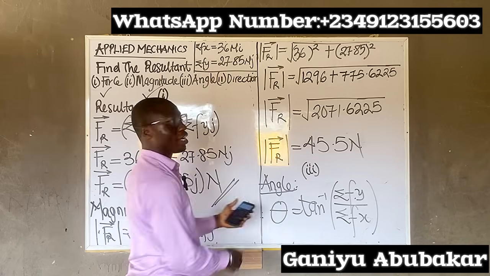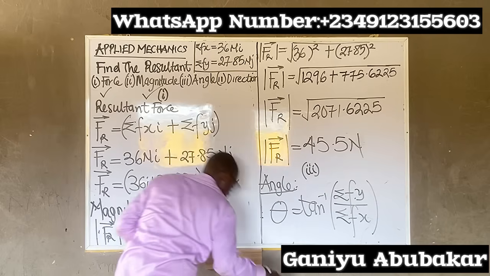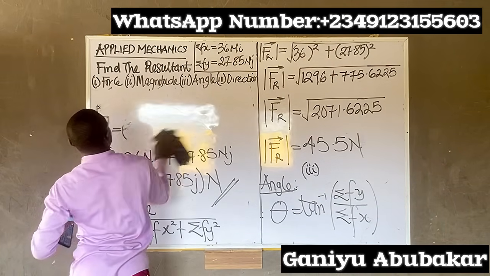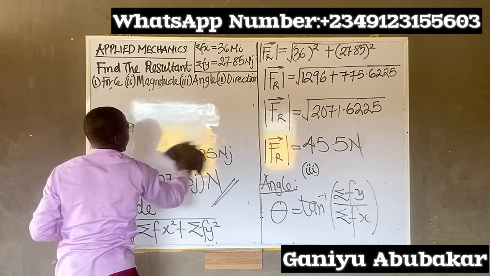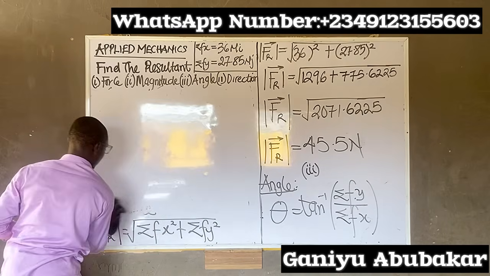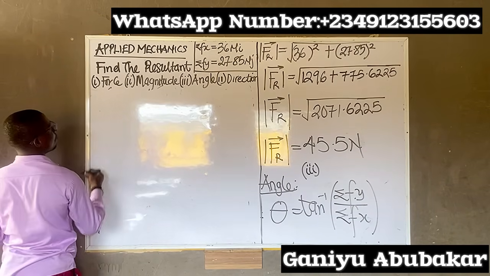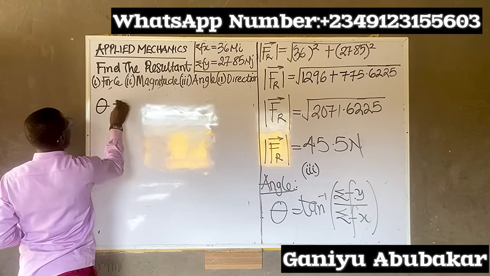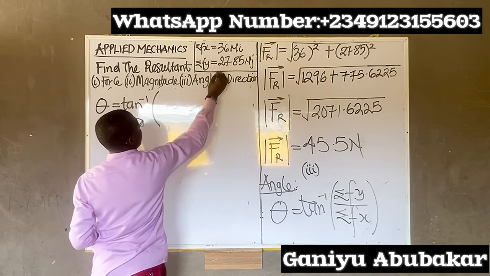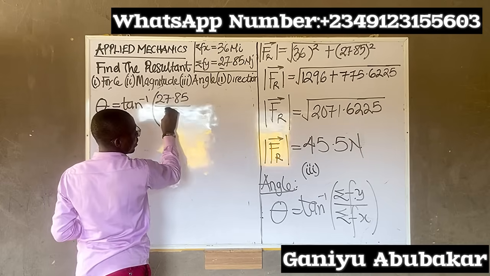Alright, that's how you get your angle. From here, theta is equal to tan inverse of summation f of y, which is 27.85, over 36.